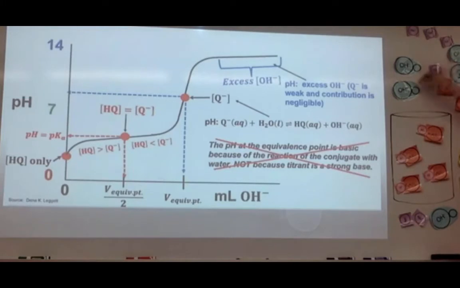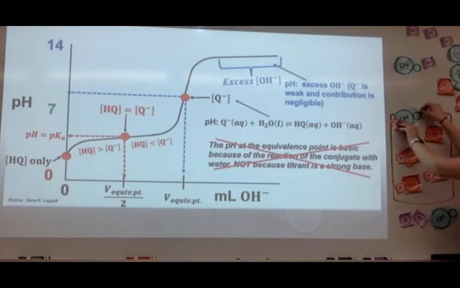As soon as I add one hydroxide, I'm going to keep Na+ out just to save some space. Just remember, Na+ would be floating around in here. I add one hydroxide. Well, a neutralization is an acid plus a base. So one acetic acid is going to neutralize, so I have H2O and acetate.